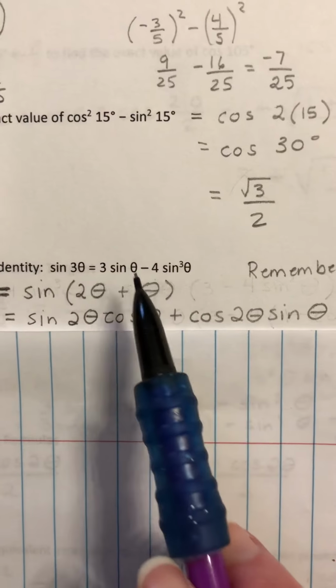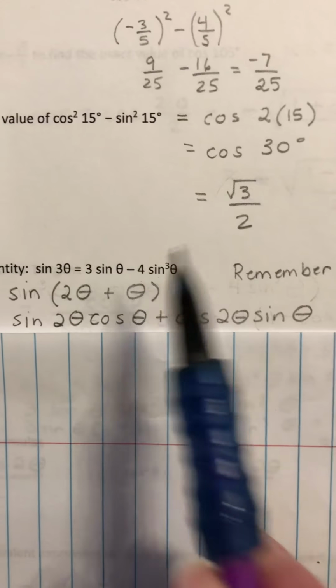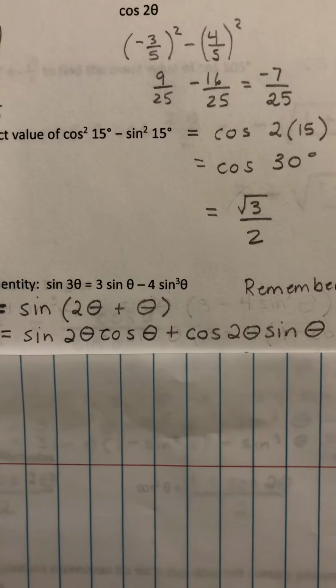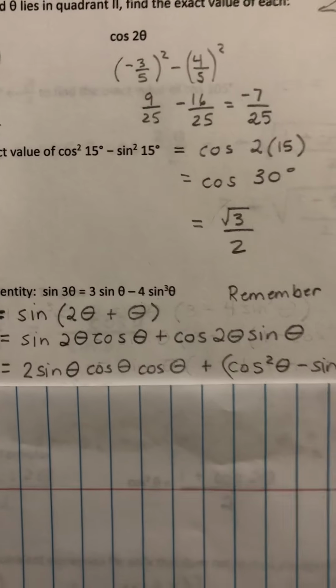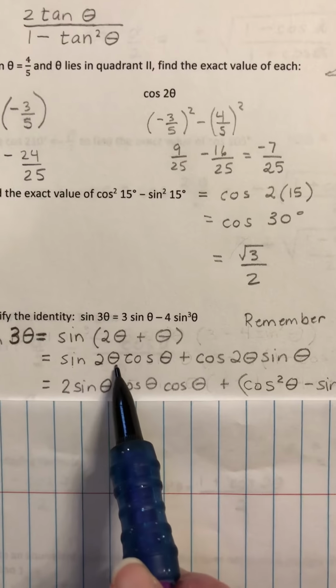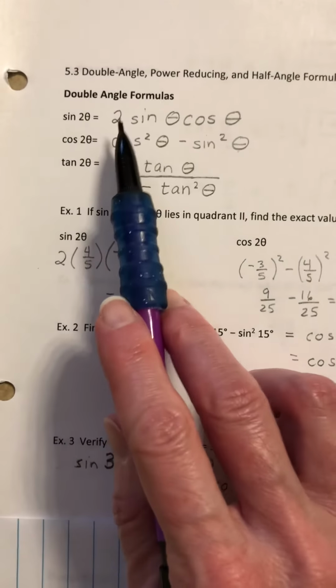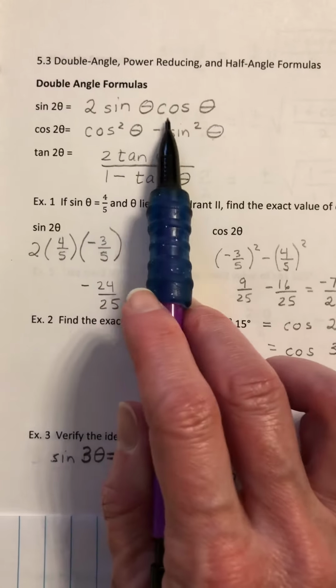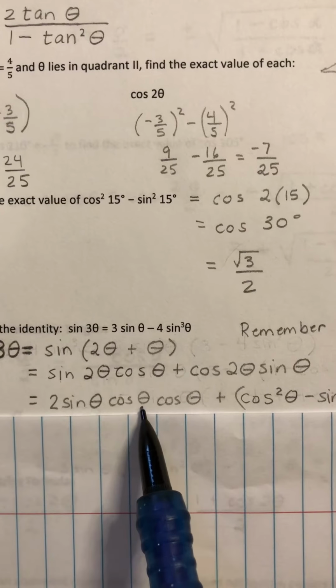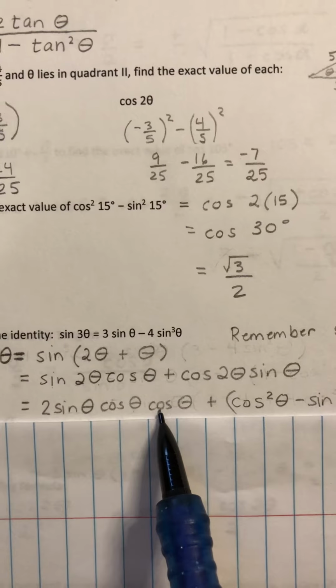Now my goal is to have everything left in terms of sine. So I have to try to do some substitutions to make that happen. So the first substitution I'm going to do is the sine of 2 theta being equal to 2 sine theta cosine theta. So I do that. That's here. And then bring this down.